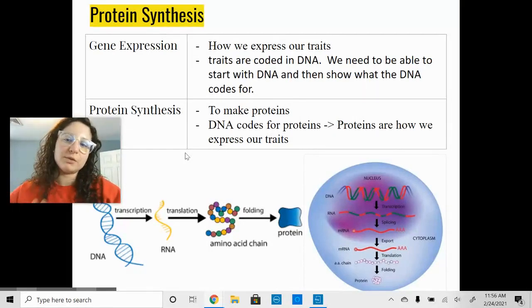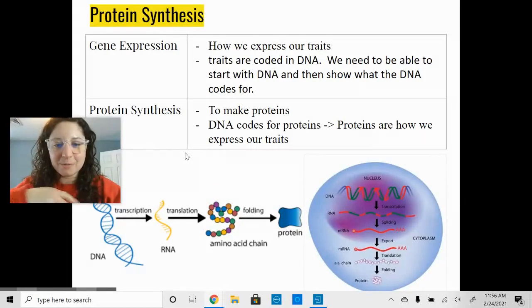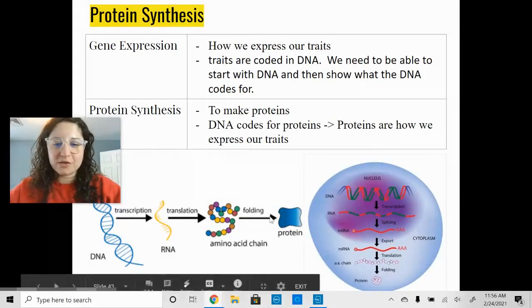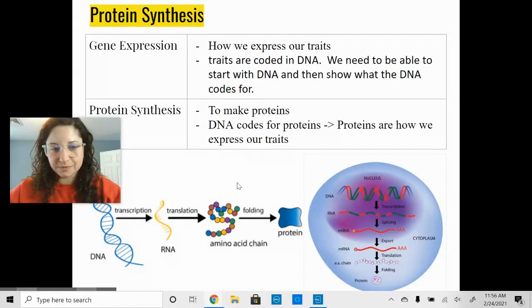The DNA codes for proteins, and so proteins are how we express our traits. Somehow we make proteins that create a free earlobe versus an attached earlobe. This diagram is showing you the quick process version of this. We're going to be looking at it in a little bit more detail.